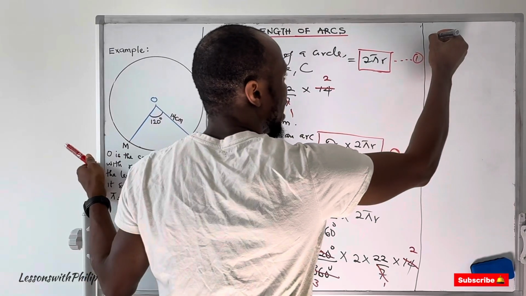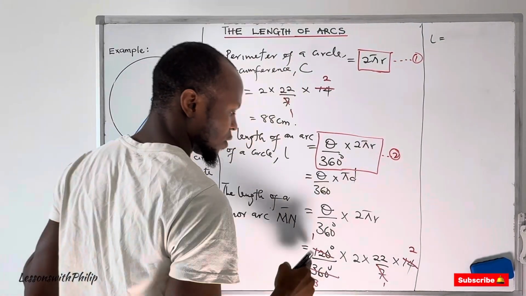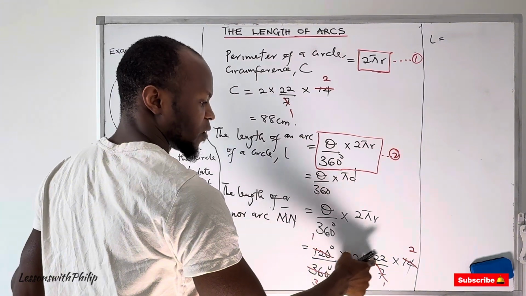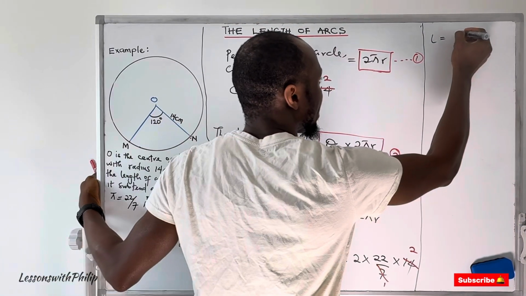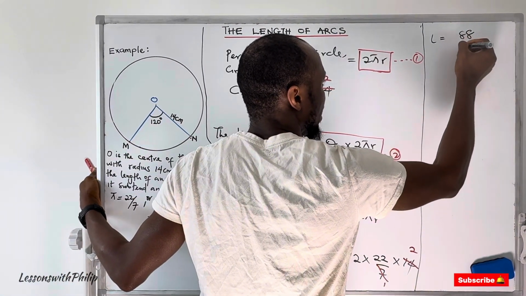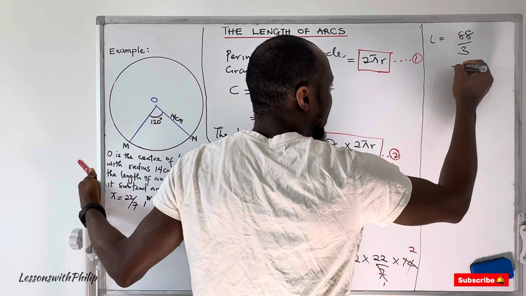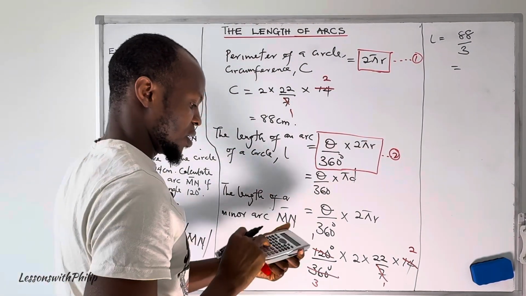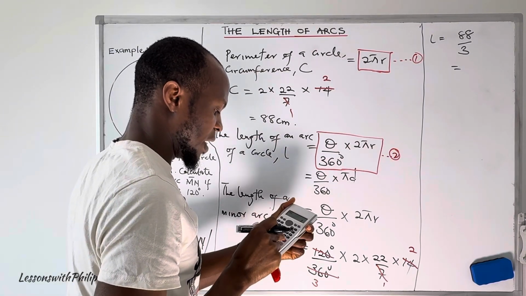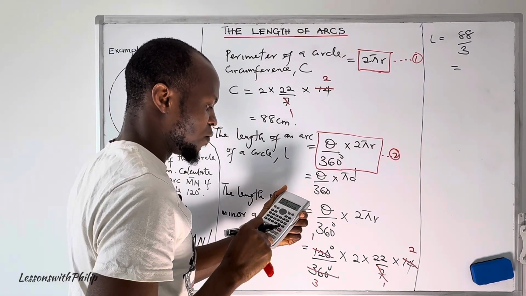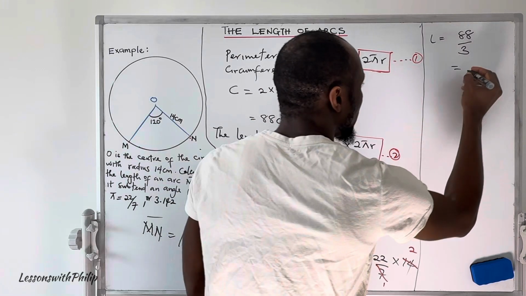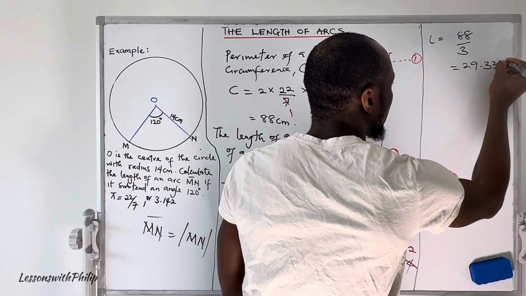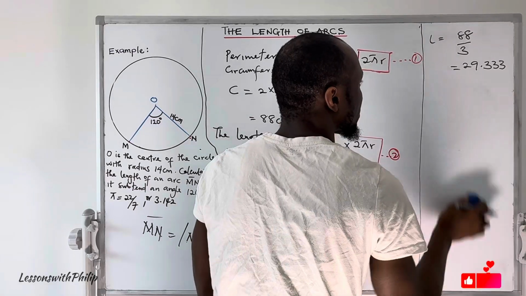From this, the length of an arc will now be equivalent to 2 times 22, that is 44. 44 times 2 is 88. That's 88 divided by 3. And 88 divided by 3, if I use my calculator, will give me 29.333.